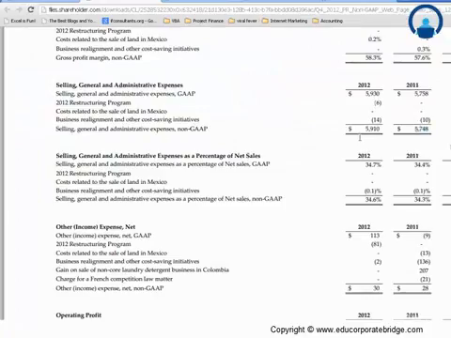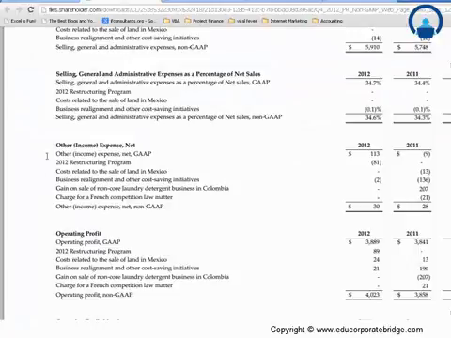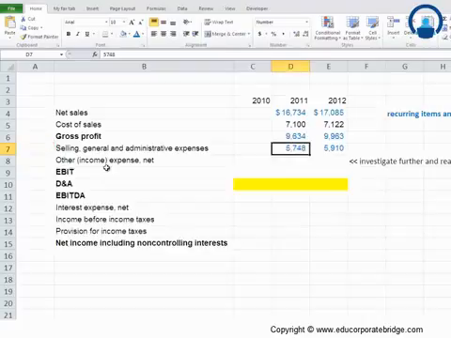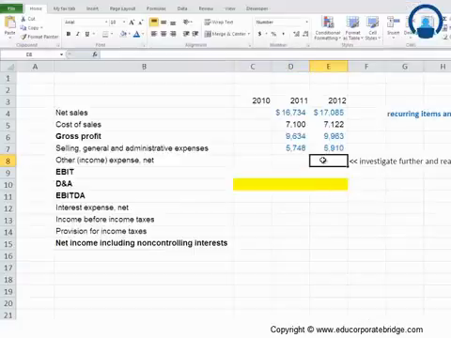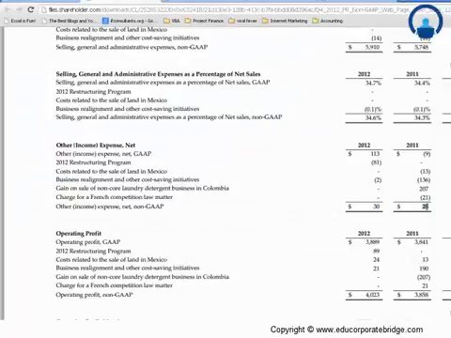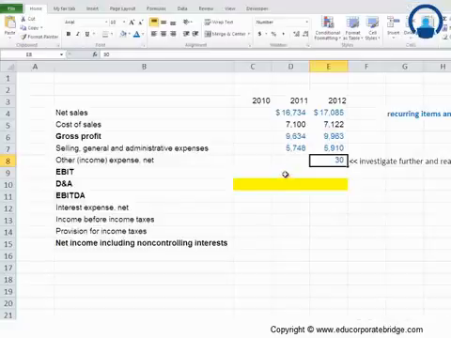Let's move further and see what about the other income and expenses, because that's the next line. Other income and expenses, it actually started from 113, but adjusting for other set of items it comes out to be 30 here. So for 2012 it is 30, and for 2011 it is 28.